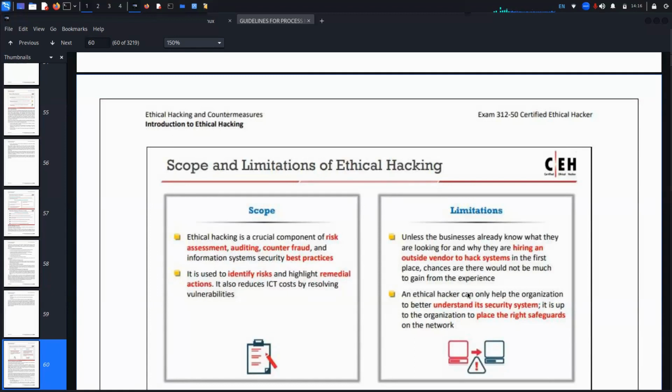In such a hostile environment where there's developer conflict and a lot of upper management conflict, right? These are the places that you will not gain much experience from. An ethical hacker can only help organizations to better understand their security system. It is up to the organization to place the right safeguards on the network.